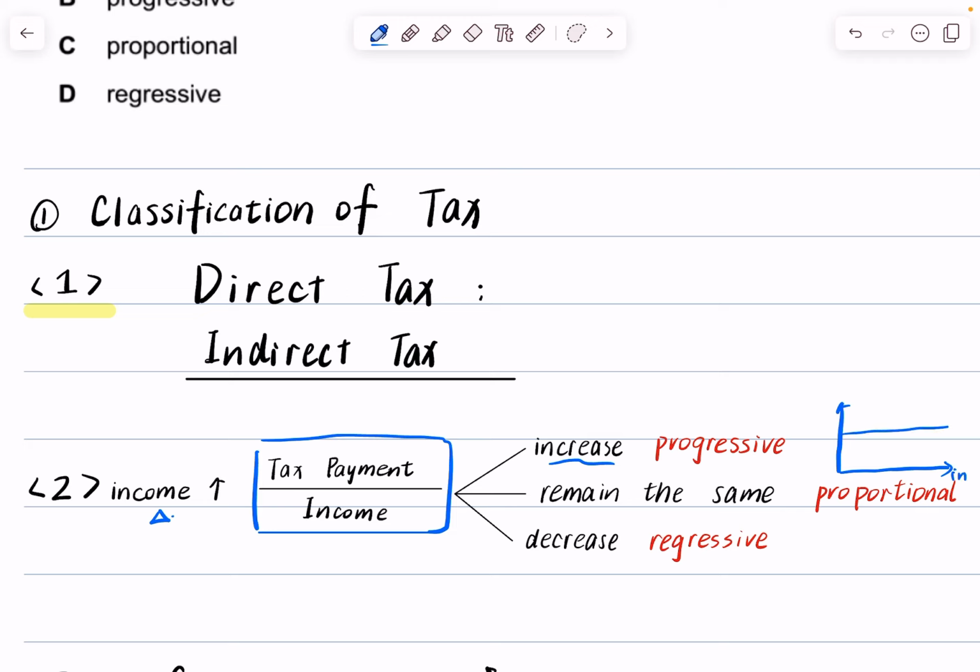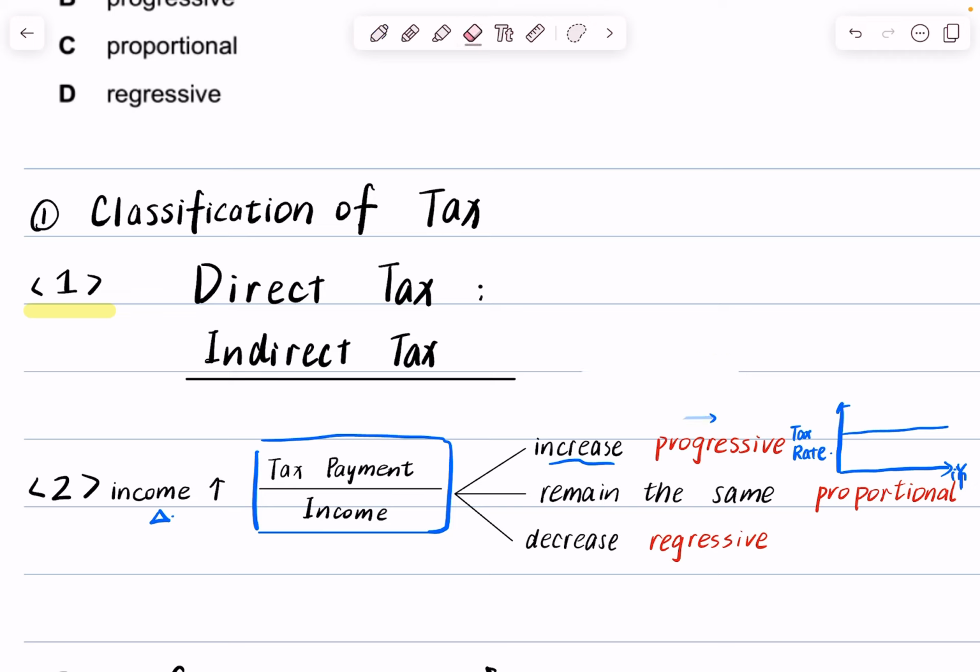This is your income, I write it as Y. And this is the tax rate. Something like this.